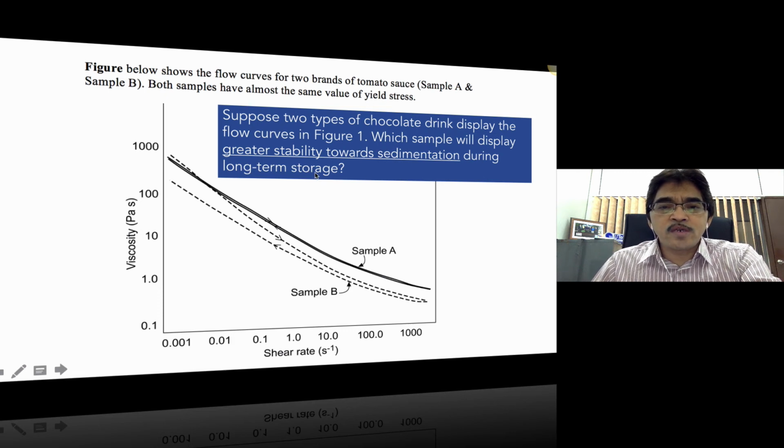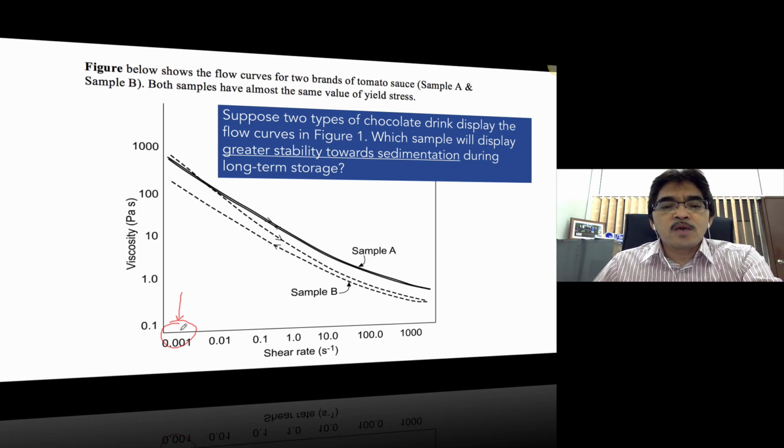When we store the product on the shelf, it is subject only to gravity. So we are looking at the flow behavior at low shear rate, in this region where the shear rate is very low, because the only stress acting on the sample during storage is gravity.